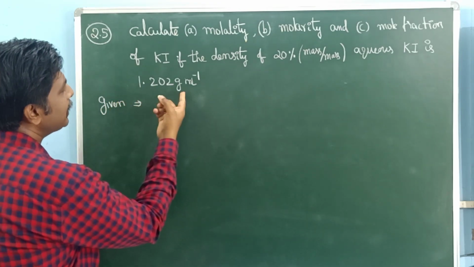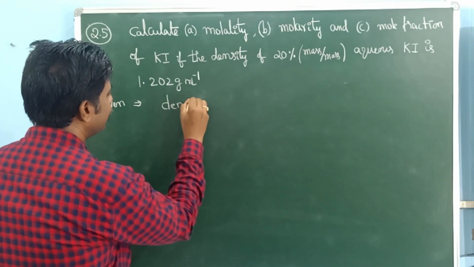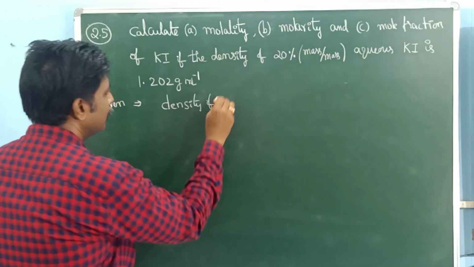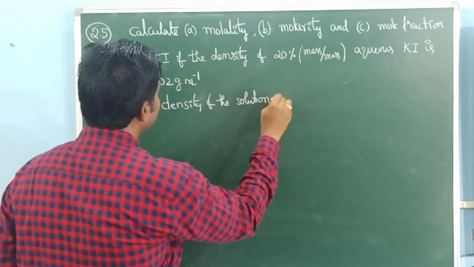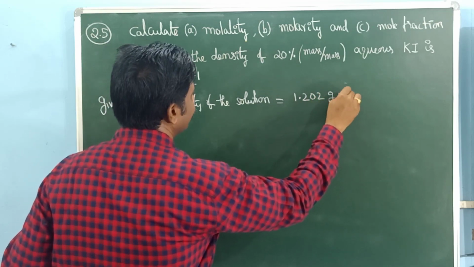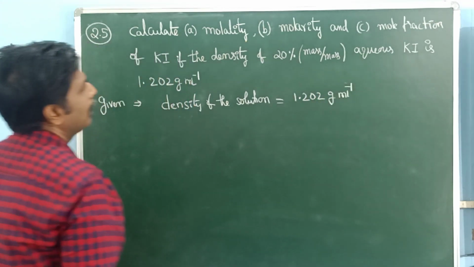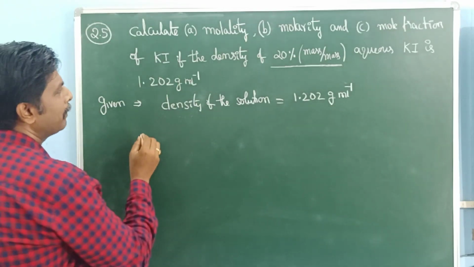The density of the solution is 1.202 gram per milliliter. And one more thing is given, 20% mass by mass.